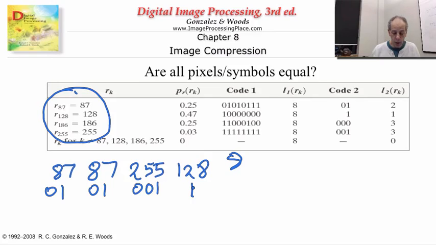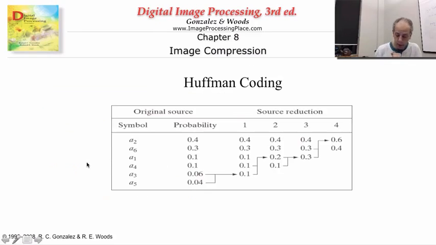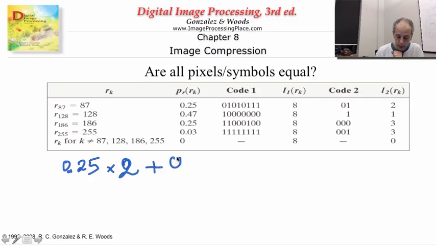So basically, we do a very simple computation. We say, okay, with probability 0.25, I'm going to have a code of length 2. That's my code, 01. With probability 0.47, I'm going to have length 1, so 0.47 times 1.